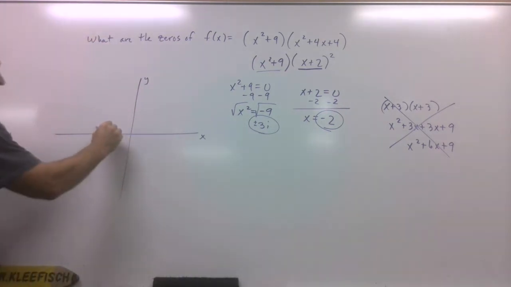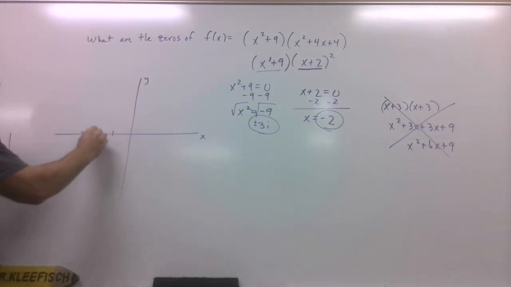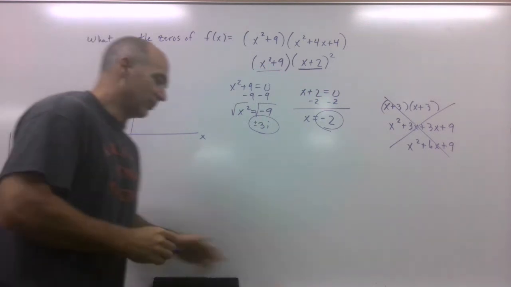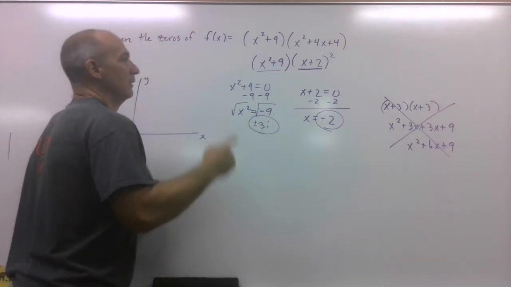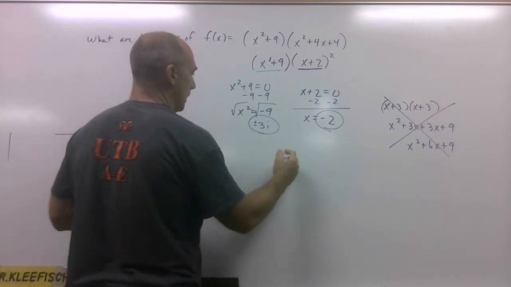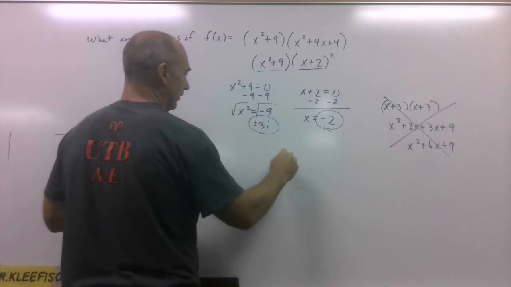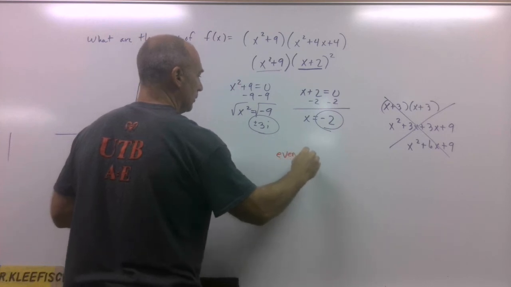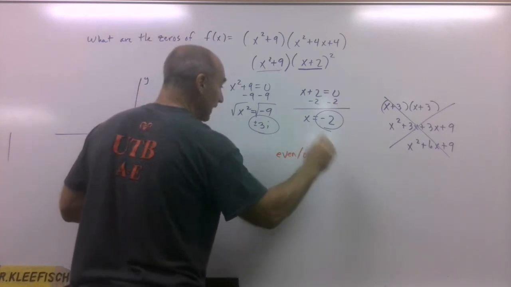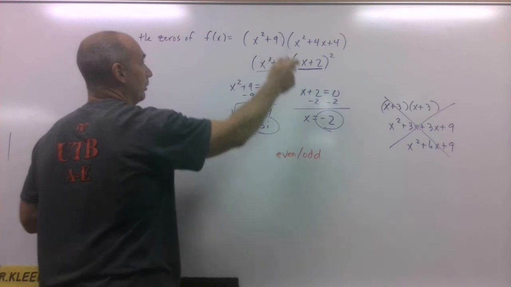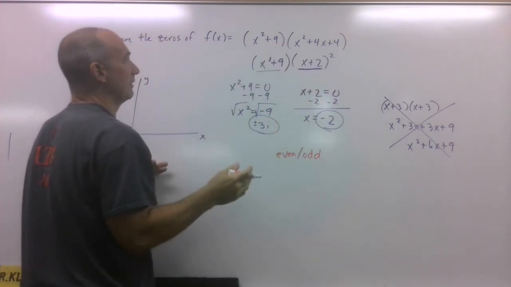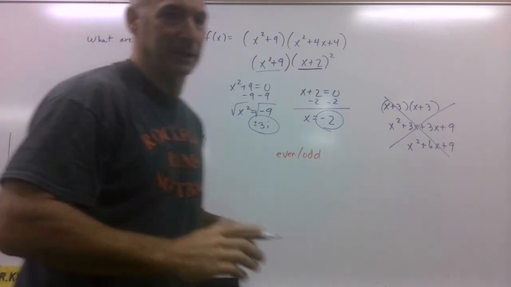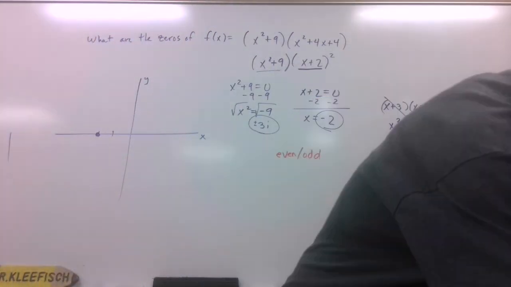So I would go to my graph, 1, 2, and I then have to make a determination. Like, okay, where does it go? Well, remember, we're going to say, is this an even or is this an odd degree polynomial? So if I looked at this and I multiplied this all out, let me pause this a second. Okay, I had to take care of something really quick.